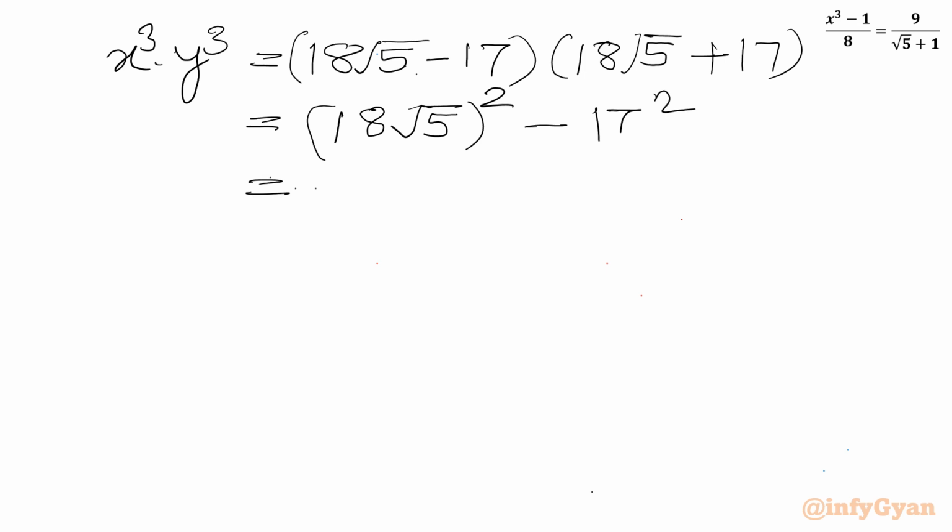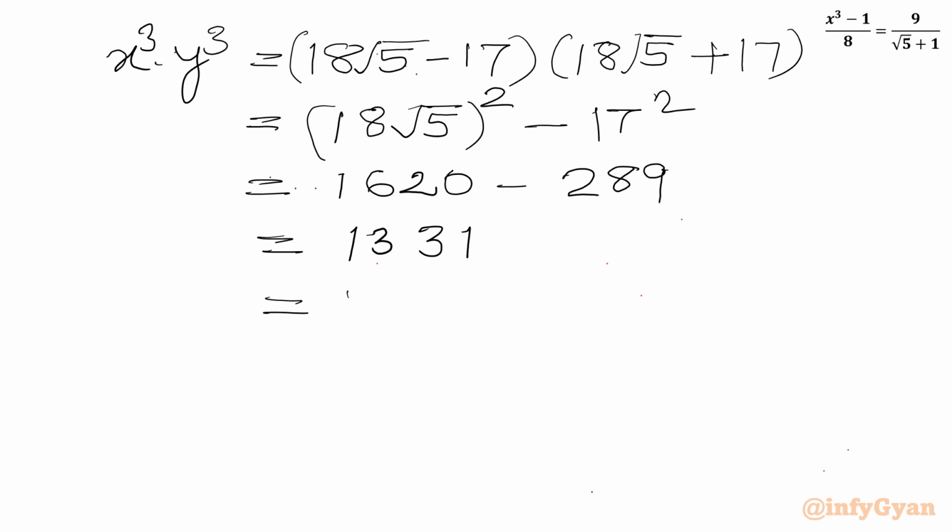So 324 times 5. This value will be 1620 minus 289. This difference will be 1331, which is cube of 11. And LHS is xy whole cube.